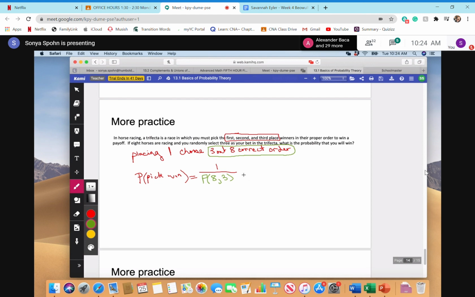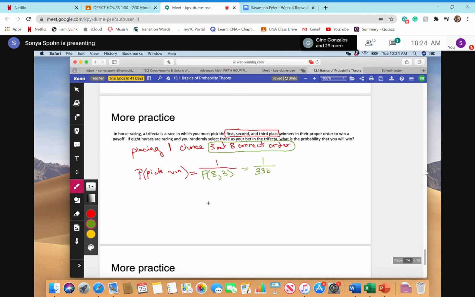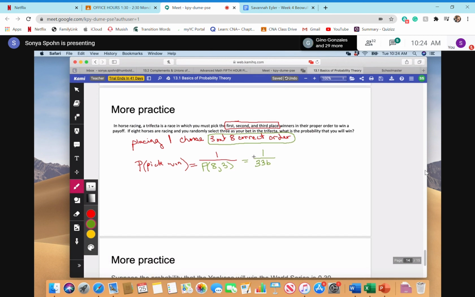And that is, you have one chance, one bet, and there are 336 different ways that these 8 horses can come in first, second, and third place. So you have a 1 out of 336 chance to win. Which isn't as bad. Lottery's harder, isn't it?